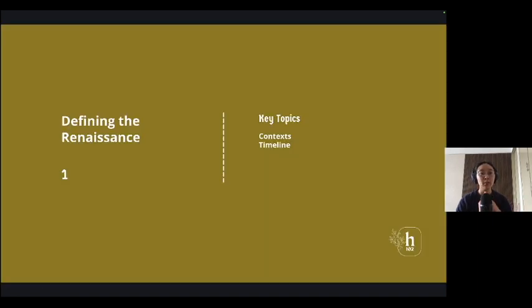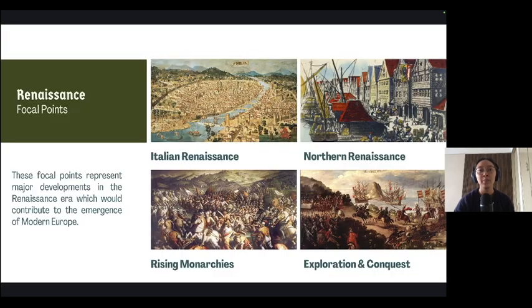So let's start with defining the Renaissance. Now, when it comes to the Renaissance, as we learned in the previous lesson, not all spaces actually had a Renaissance. In fact, in some places, the key developments had to do with rising monarchies and exploration and conquest.